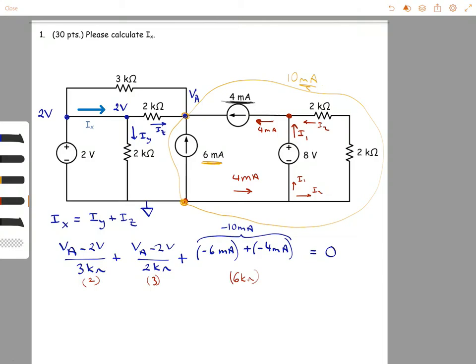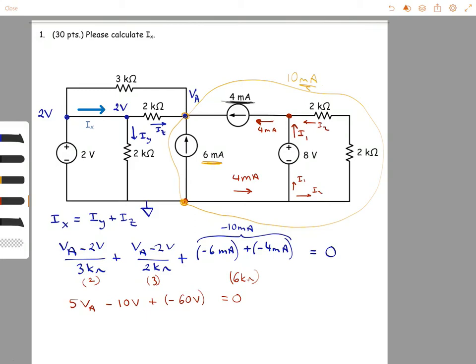What we end up having here is 5 VA minus 4 and 6, that gets us minus 10 volts, plus 6 kilo ohms times minus 10 milliamps, that gets us minus 60 volts equals 0.